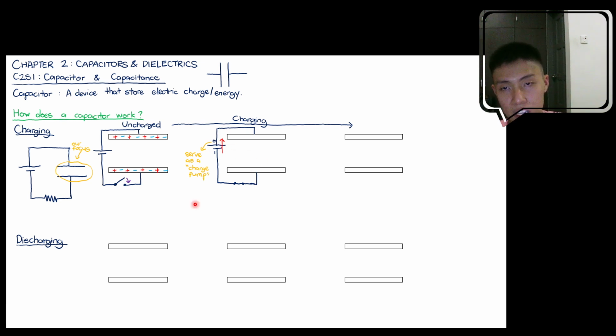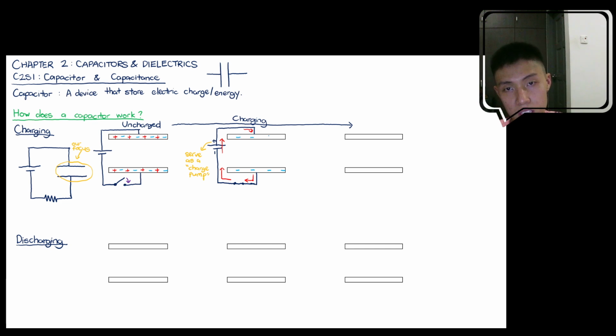So if you're pumping charges in this direction, you will have a loss of positive charges from the lower plate. Your negative charges remain unchanged, so I'm talking about the positive charges, not the negative charges at all.